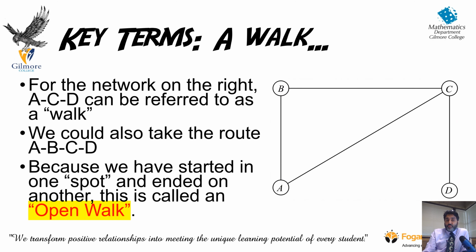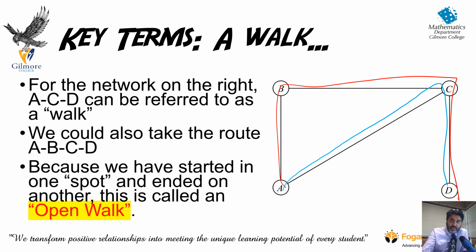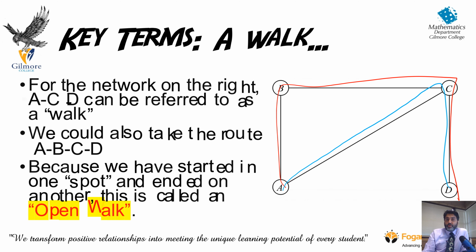Because we've started in one spot and ended on another, this is called an open walk. Here we've gone this way, so that's an open walk. Similarly, if we go this way with blue, that is also an open walk.